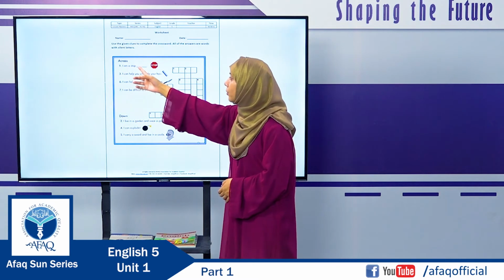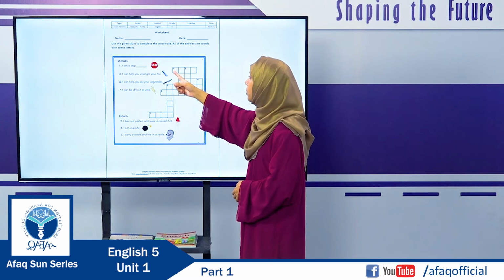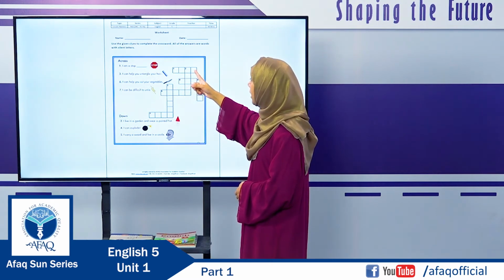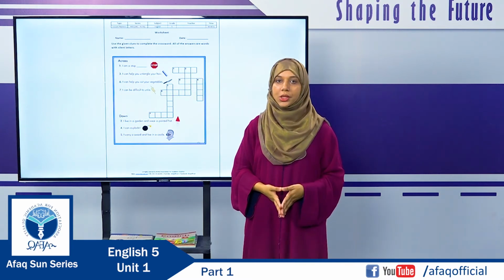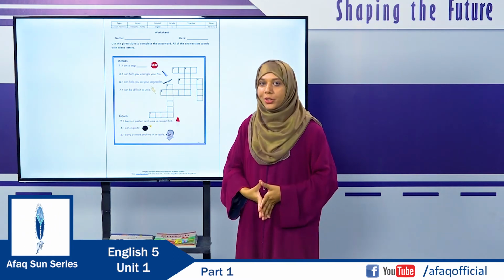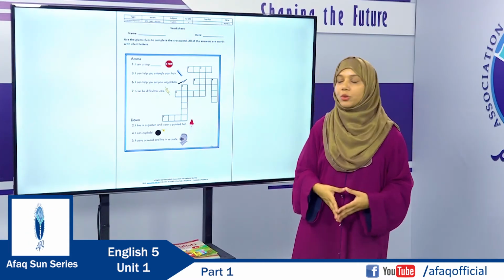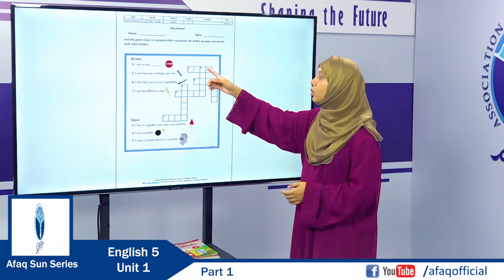So the word that will come in this blank is sign, and we are going to write this word over here. S-I-G-N, sign. And which letter is silent in this word? G. Very good. G is silent in sign. In the same way, you have to read all the clues and write the relevant words in the squares of this crossword.